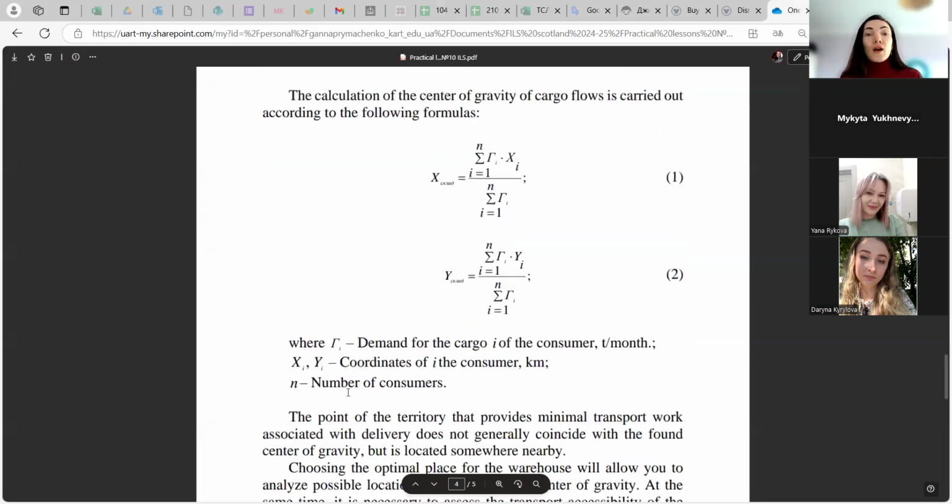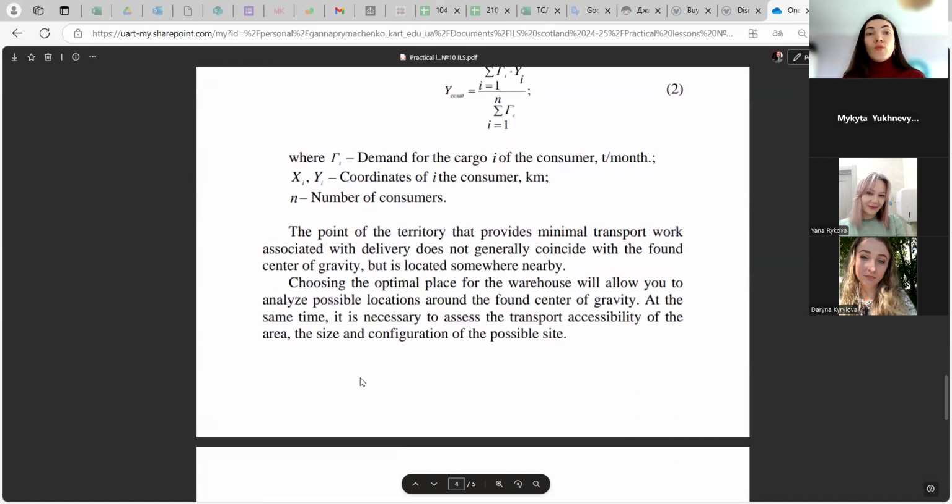What we also need to know is that the point of the territory that provides minimal transport work associated with delivery doesn't generally coincide with the found center of gravity.